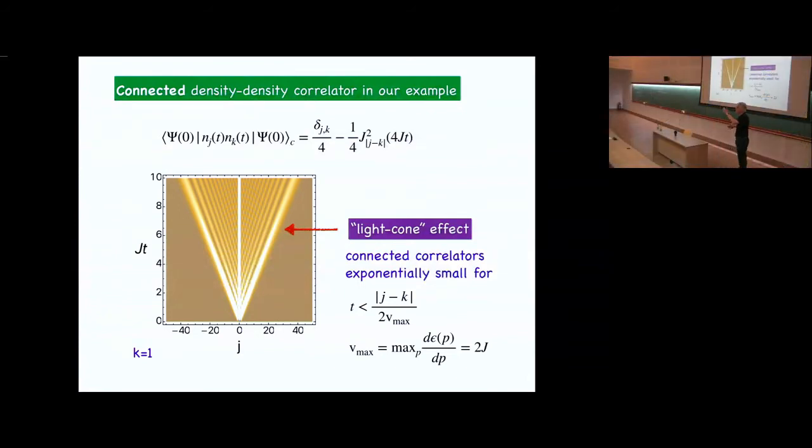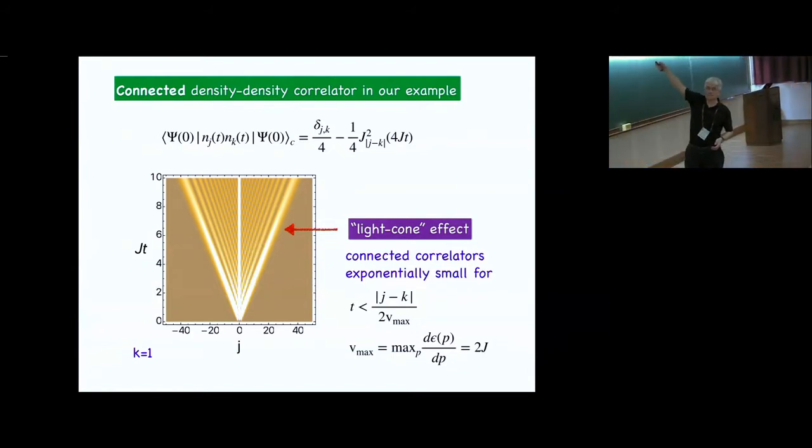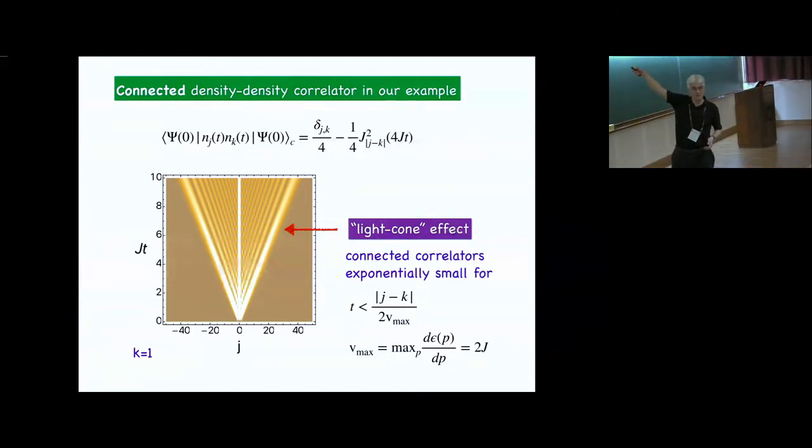If you would ask what happens at very, very late time, just observe that the time range I consider here is very limited. In the free theory, this light cone would keep on going, but it would become weaker and weaker as you go up here.